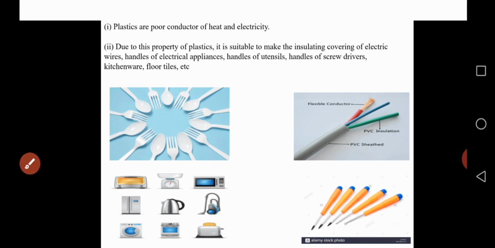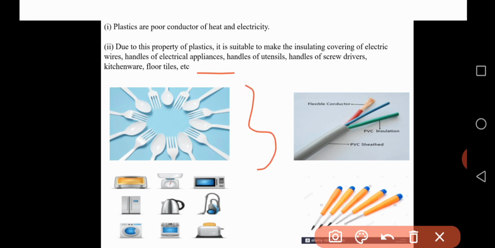And also we're using plastics in manufacturing the handles of electric appliances, handles of utensils, and also handles of screwdrivers. You observe your screwdriver, the handle also contains plastic. And also we're using it in kitchen weights, floor tiles, and many other articles.